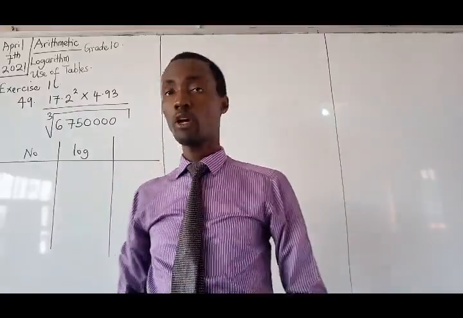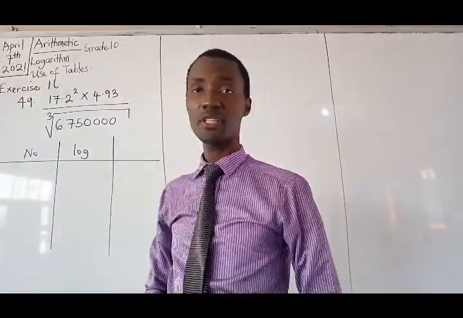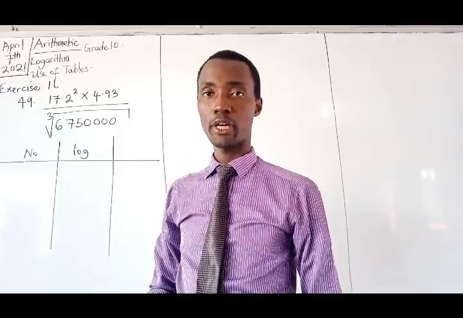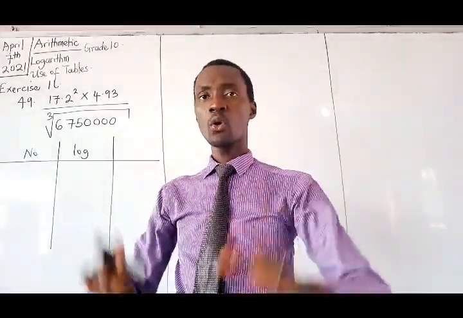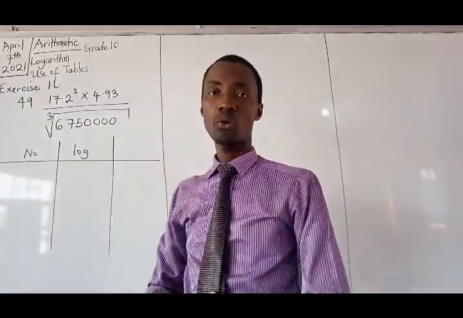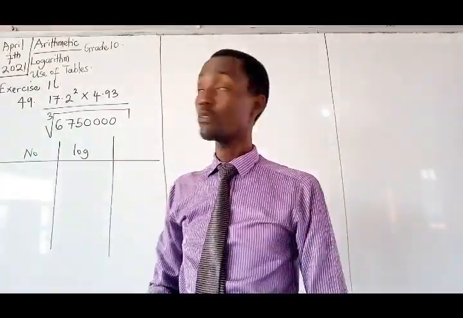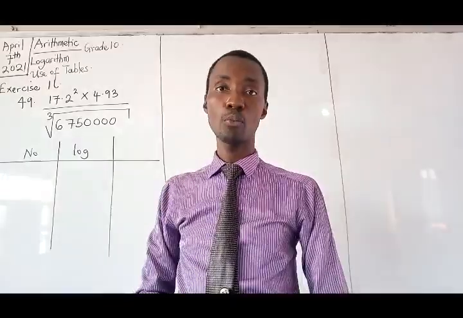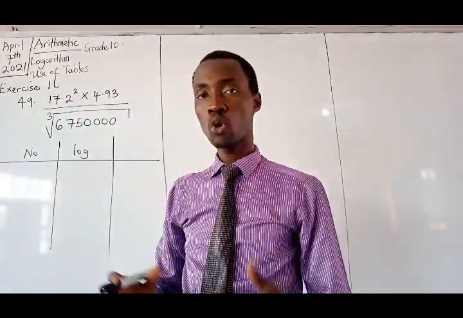Okay, good morning all. We're on to our grade 10 mathematics, arithmetic it is. Within a short time, we're going to try to clear out our understanding on the use of logarithm tables to handle problems relating to logarithm.